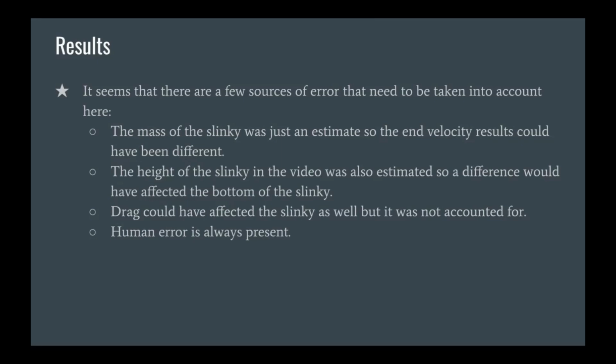Additionally, drag could have affected the Slinky as well because it was not actually accounted for. And obviously, human error is always present. So the GlowScript model is not going to account for these things, unlike real life, so it's always going to be a bit different.